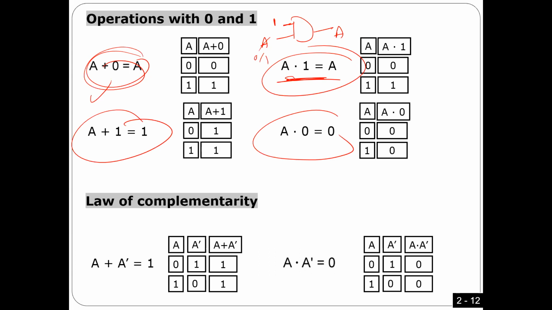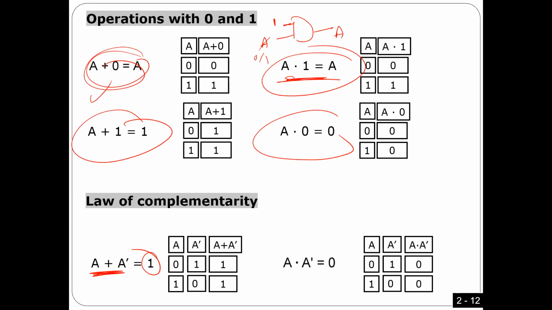Now I'm going to talk about another expression. A or A prime has to be 1. What is the logic behind it? I don't want to just give it to you and say look at the truth table, it works. I also want to give you the logic. In case of OR, I'm looking for 1.